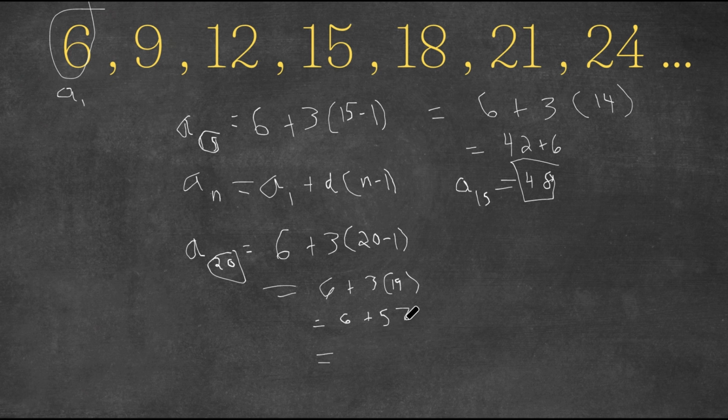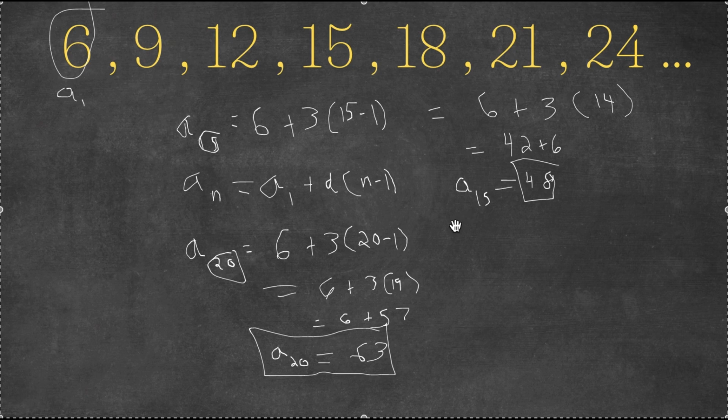And this is equal to 57 plus 6 is 63. So our 20th term, a sub 20, is equal to 63. And that's how you find the nth term of an arithmetic sequence.